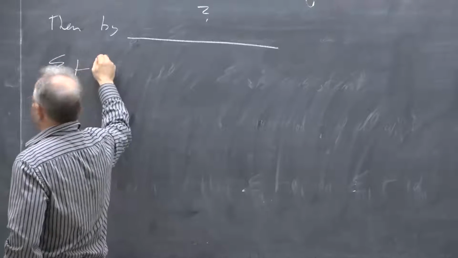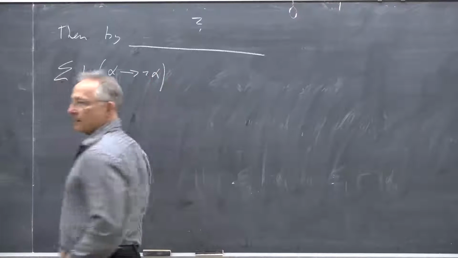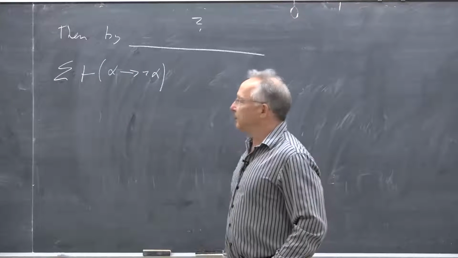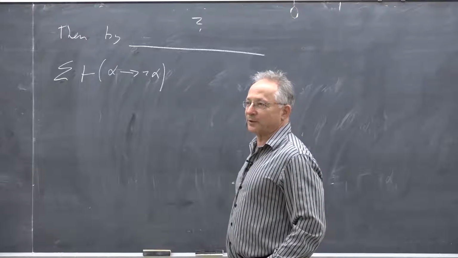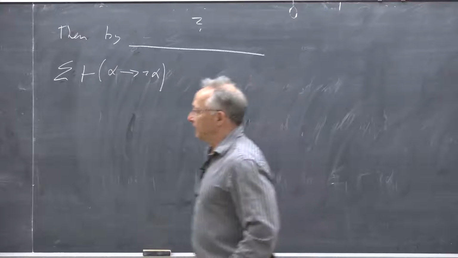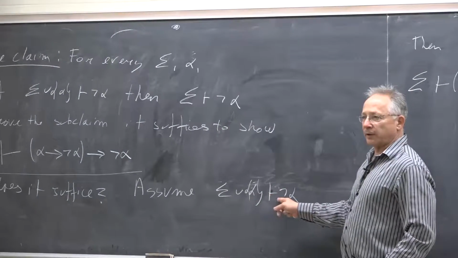Sigma proves that alpha arrows not alpha. Yes? 1 or 2, 3? No. Deduction. It's the deduction theorem. See, because what I did is I took the alpha from here and moved it into the head of the arrow.